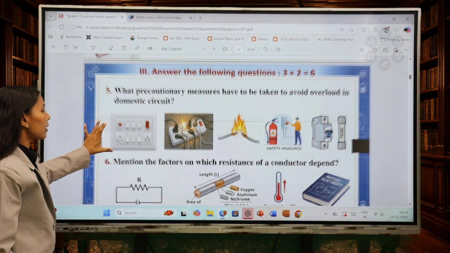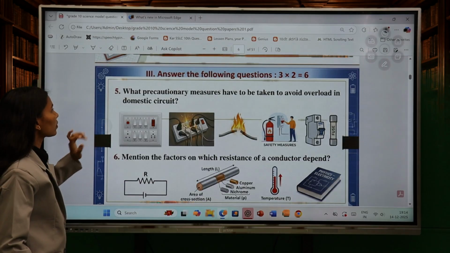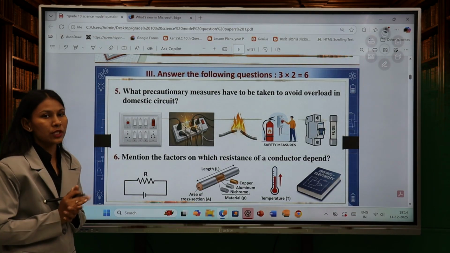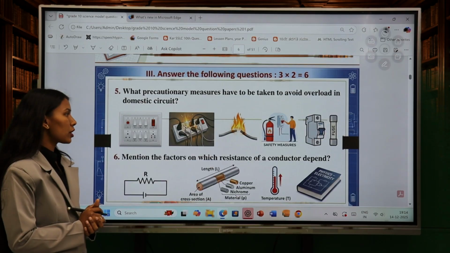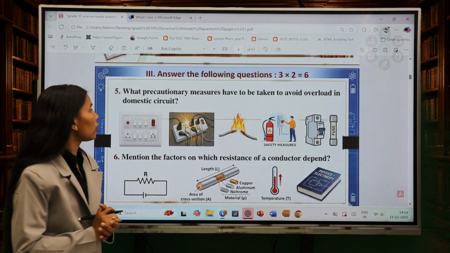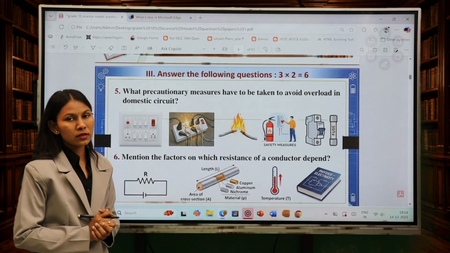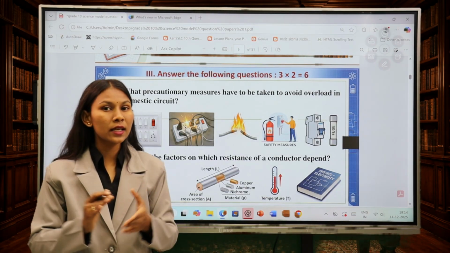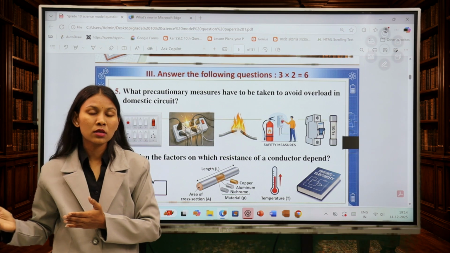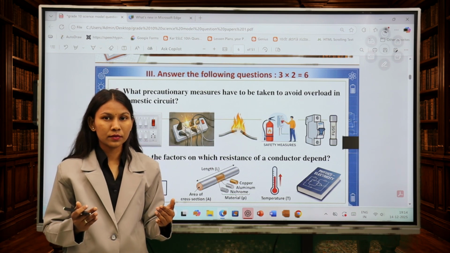Here is our third main. Answer the following questions. Fifth question: what precautionary measures have to be taken to avoid overload in the domestic circuits? First thing is that you should not plug so many appliances into a single socket. Understood?